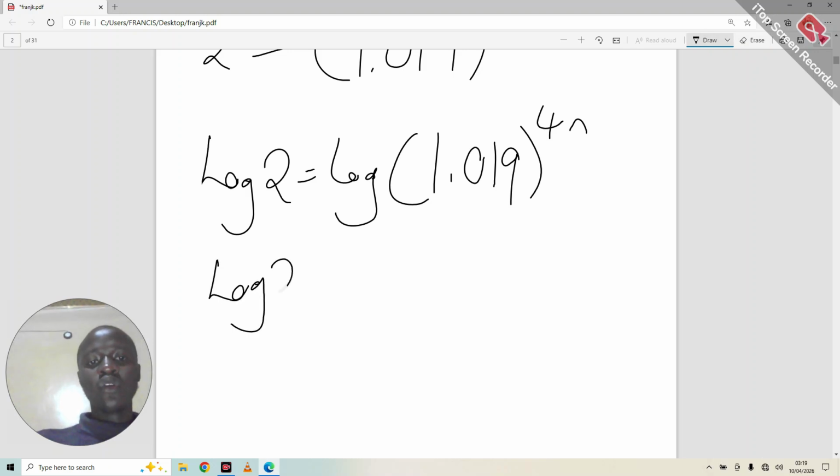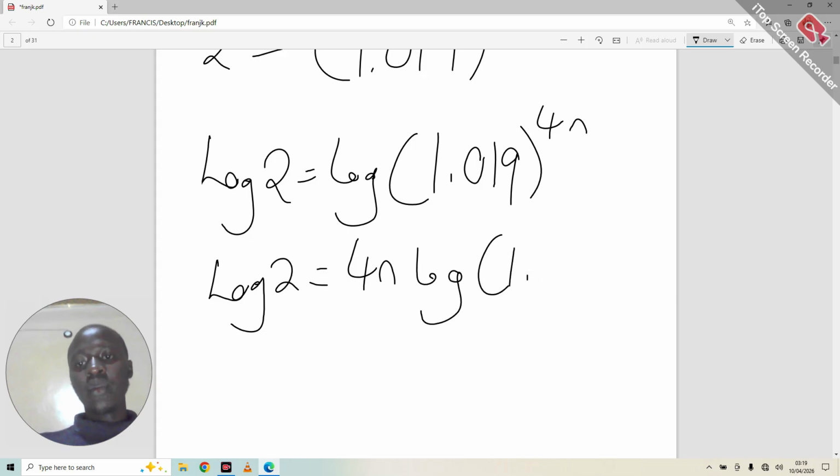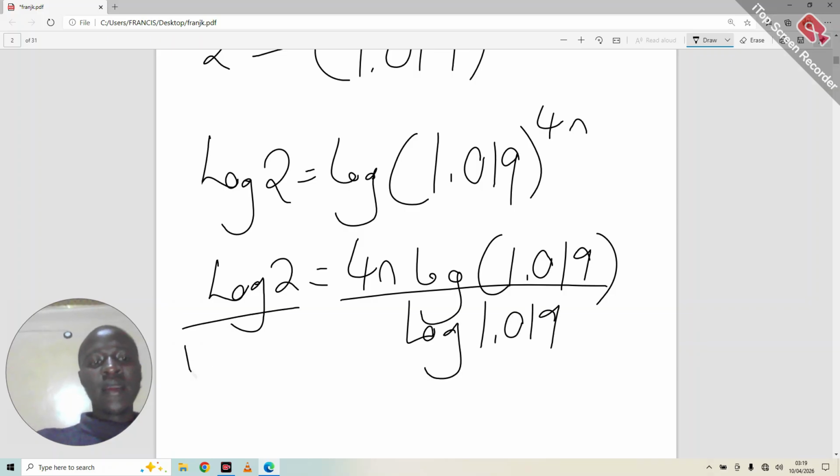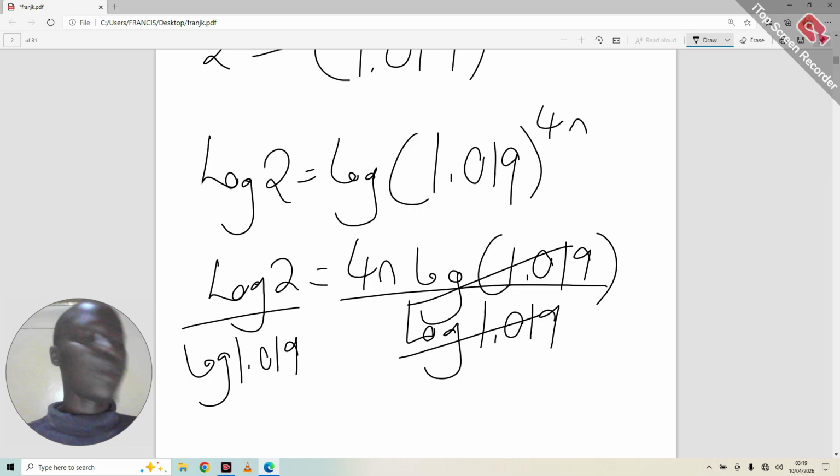So we shall apply this law to solve out the right-hand side. So now we have log 2 equal to 4n log 1.019. So we want the value of 4n. So we divide by log 1.019, so this cancels this. Now I have my calculator. I hope you have yours. So let's simplify log 2 divided by log 1.019.